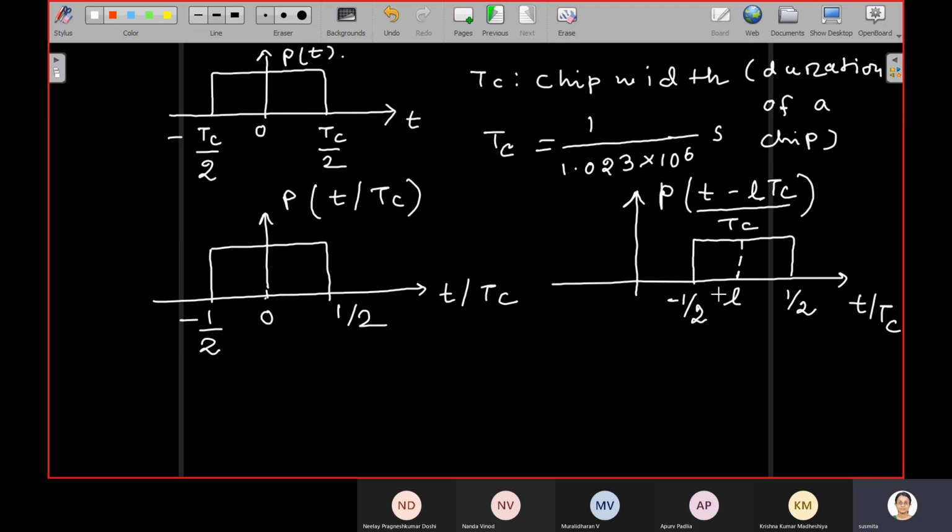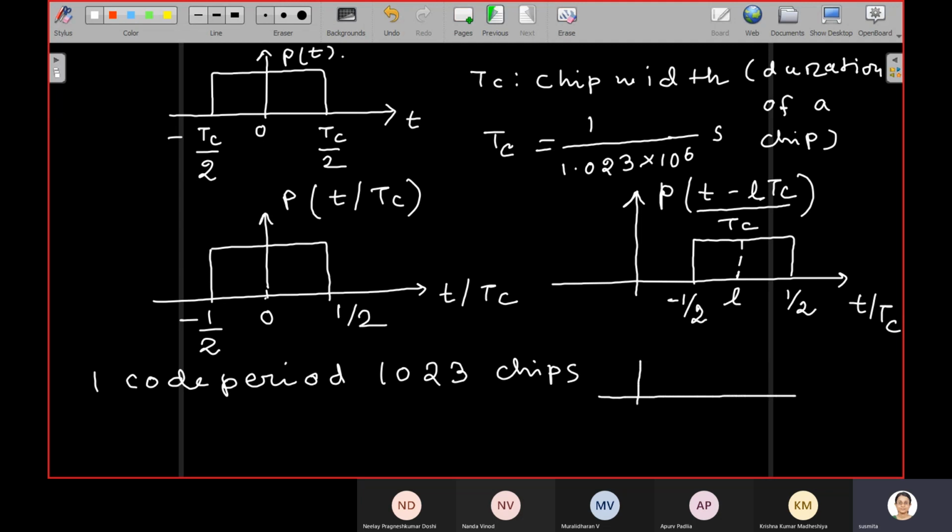Now a code period has 1023 chips in case of CA code. So basically we have a sequence of, I'm giving some representative sequence. Don't think that this is the sequence followed.